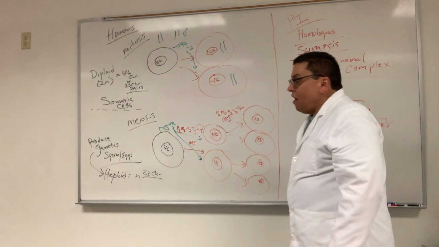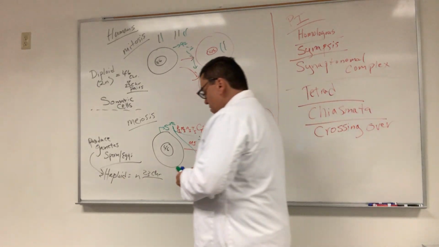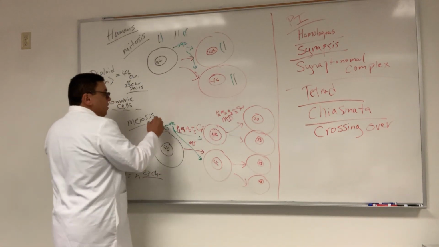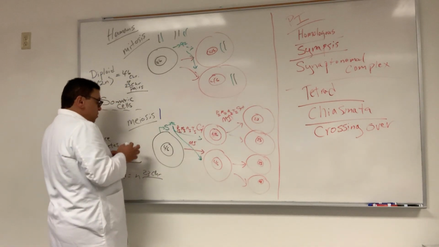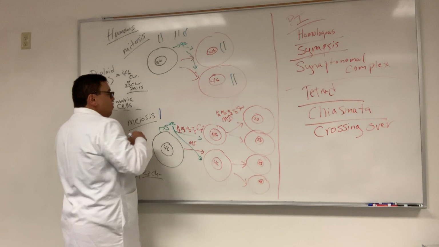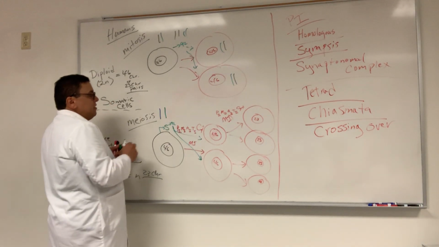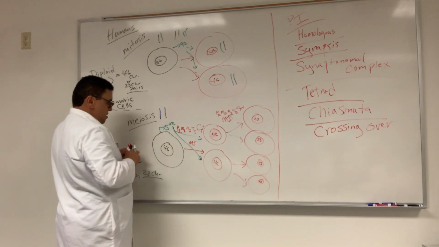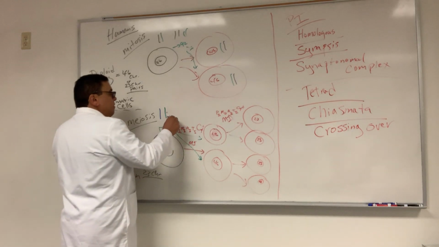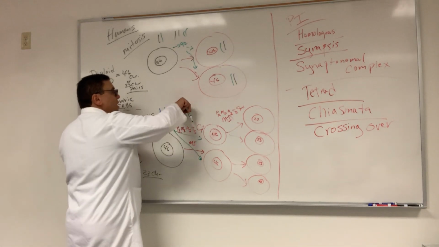So if we follow the color scheme, let's say, for example, dad's chromosome 1 is blue, mom's chromosome 1 is green. By the end of S phase, you will have 2 green ones and 2 blue ones.